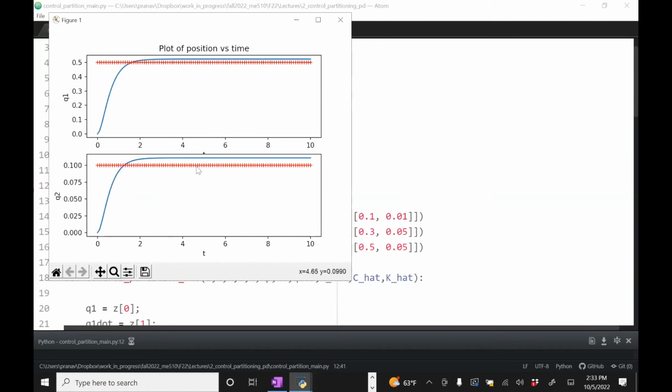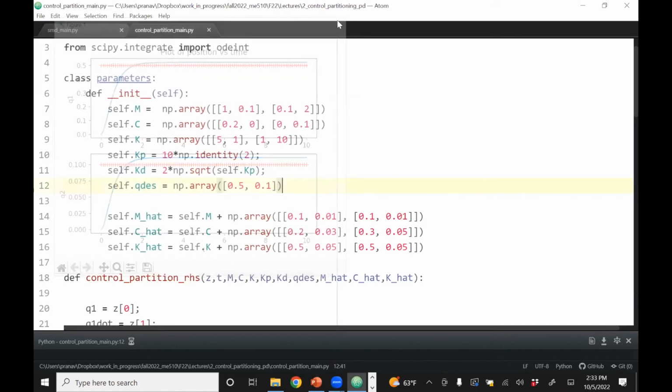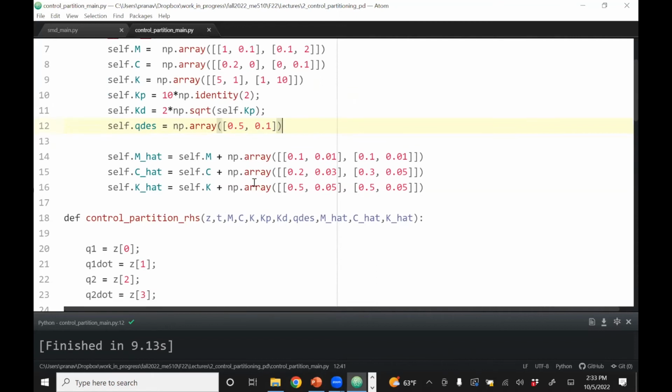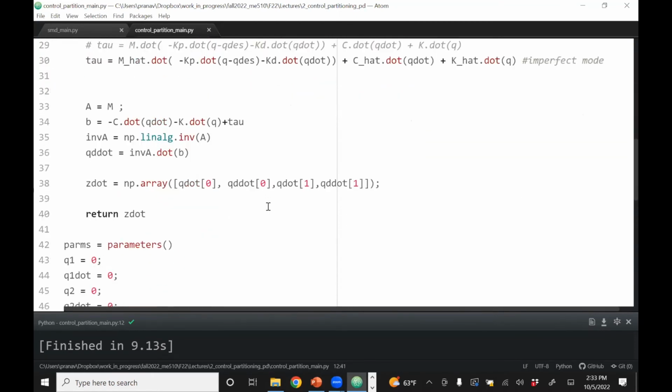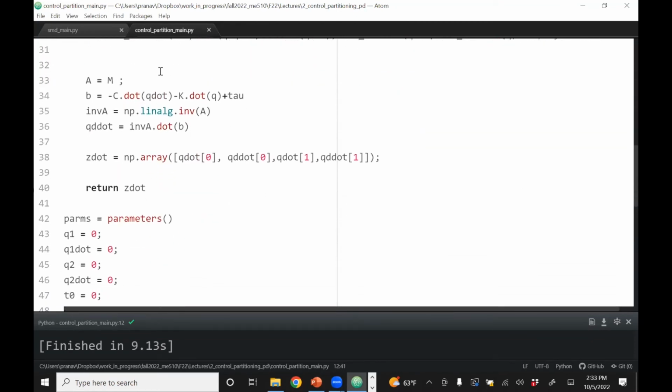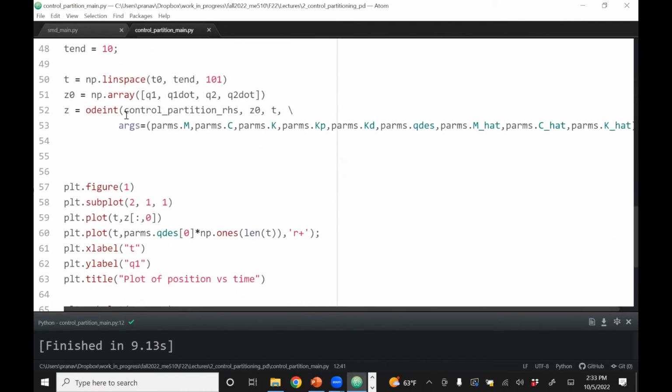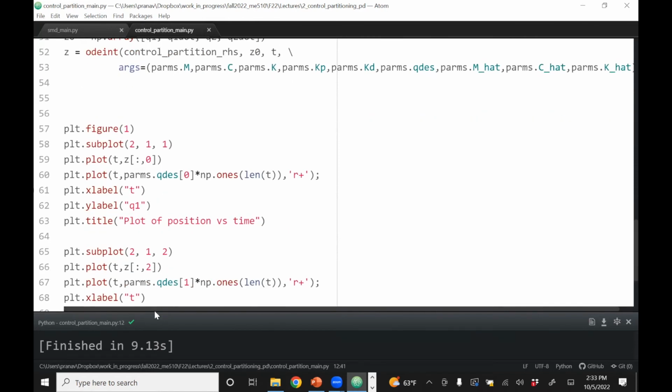Yes, that's a little better. So here the reason why there's an error in the steady state is because of the uncertainty. If there was no uncertainty, I believe that the error would be 0. Everything else is very standard here. You need to use ODE integration, and then I just do some plots.